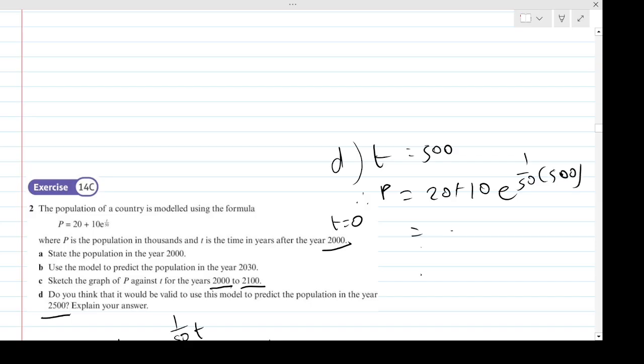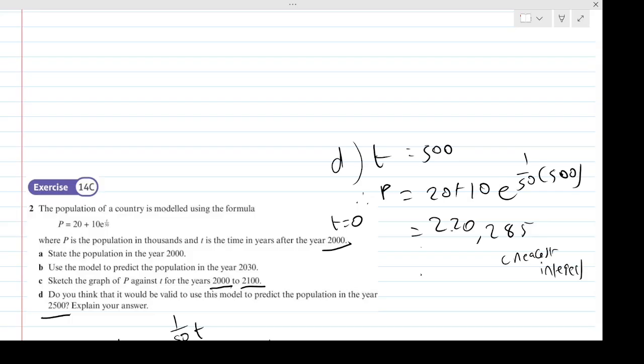And that will get me this number here, 220,284.7, which I'll round to the nearest integer.